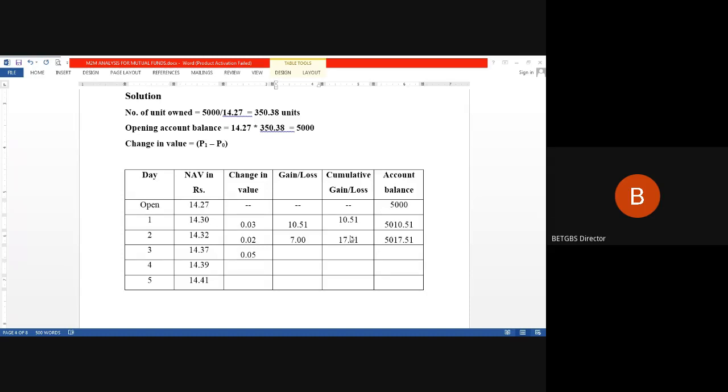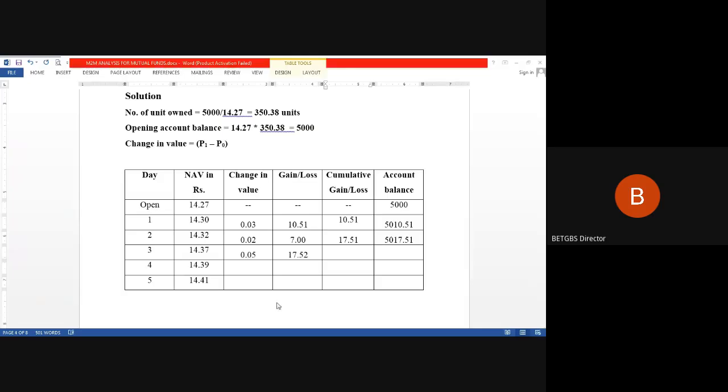So it is 17.52. So this we have to add up. 17.51 plus 17.52, so it is 35.03. So 5,035.